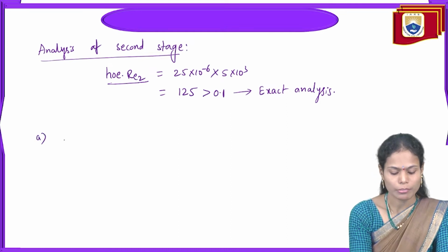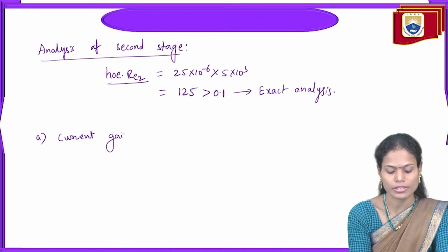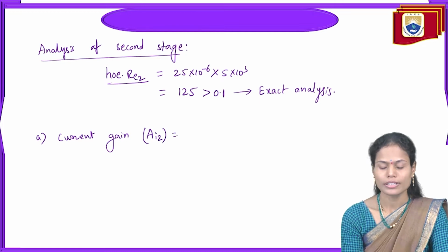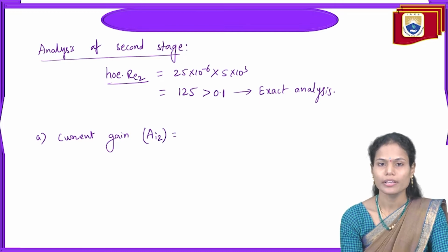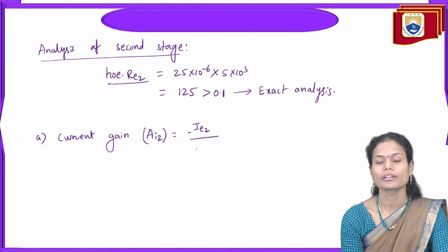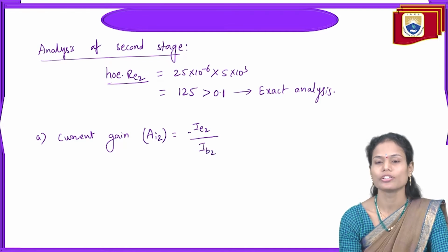So the first parameter I am going to calculate here is the current gain of the second stage. So I am indicating it with AI2 here. The current gain is the output current by input current. The output current of the second stage is IE2 here, and the input current of the second stage is IB2 here.